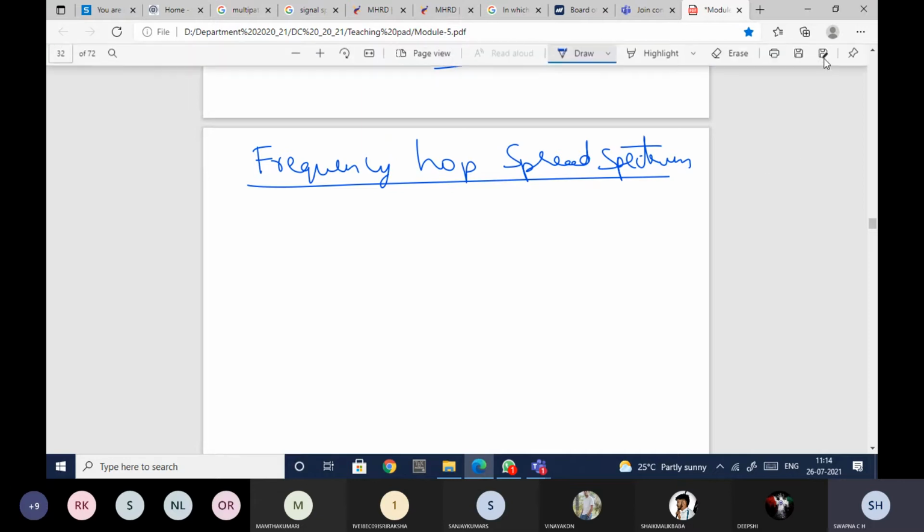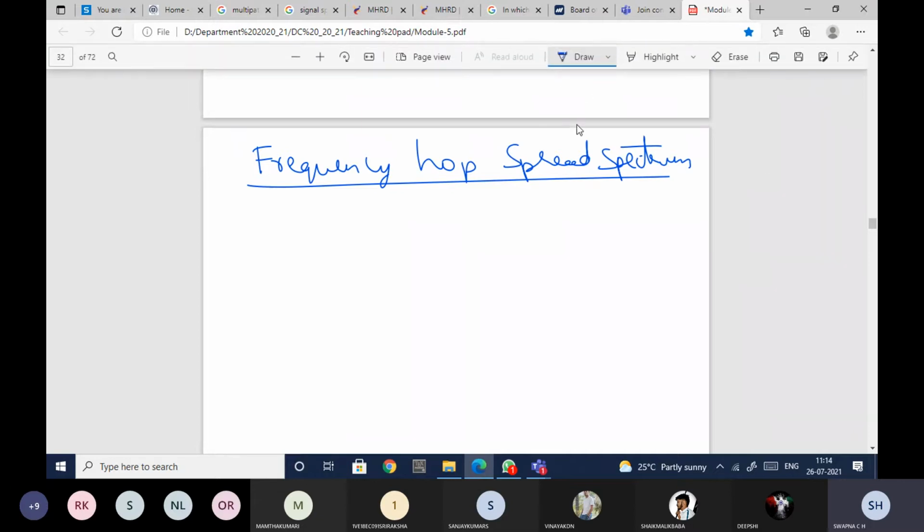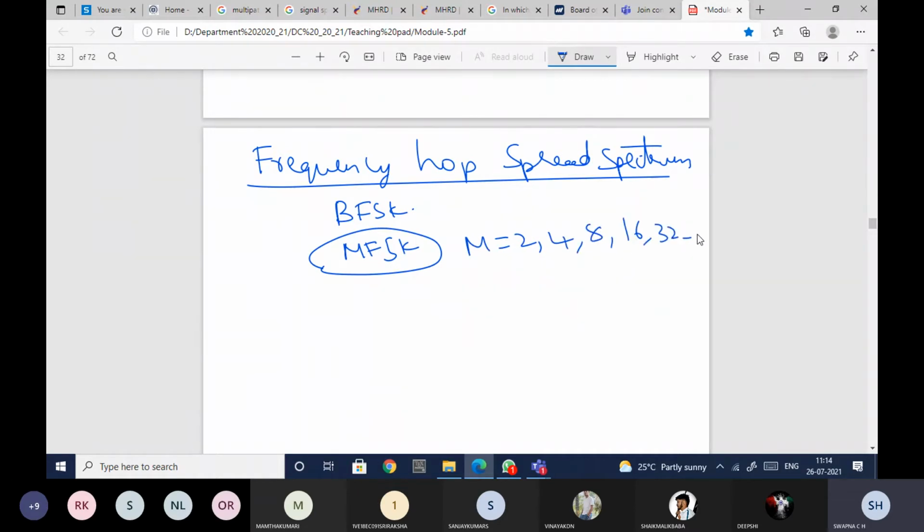In DSSS we used only one carrier and spread it, but frequency hop spread spectrum uses different carrier signals. So you can go with BFSK, or generally MFSK. In MFSK, M can be any value like 2, 4, 8, 16, 32. If it is binary, M is equal to 2.